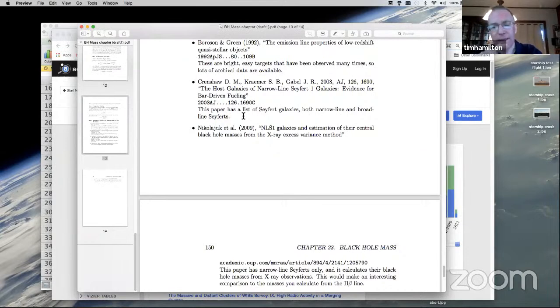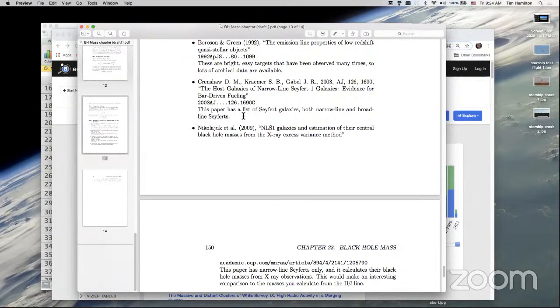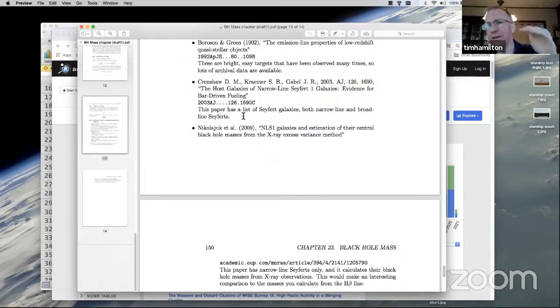So it is generally expected that the lower mass active galaxies accrete closer to the Eddington limit. So these narrow line Seyfert ones we think are going to be accreting at nearly the Eddington limit, whereas a more massive quasar is probably accreting maybe, I'm trying to remember, maybe 1% of the Eddington limit. It may be brighter overall, but its black hole is much larger.